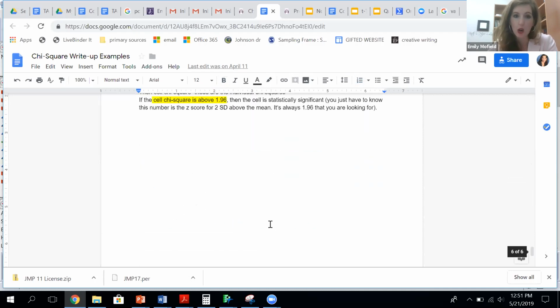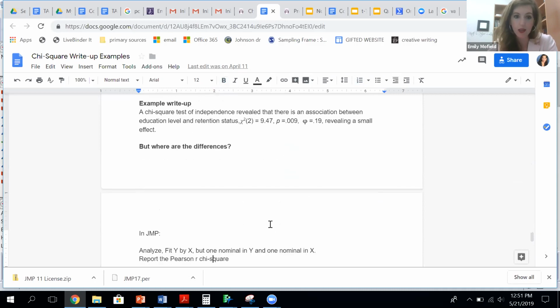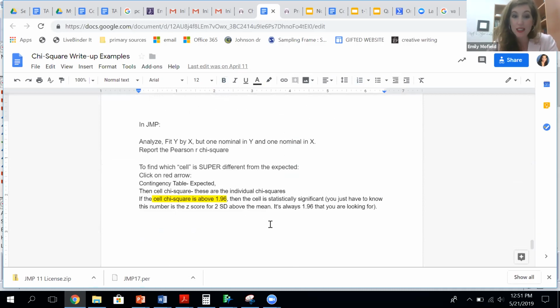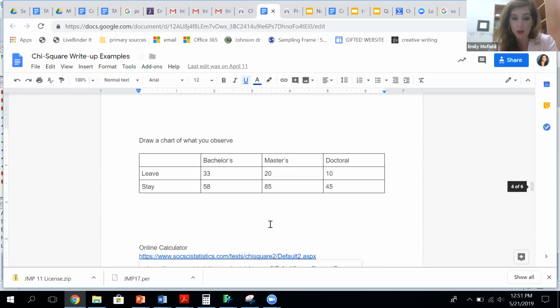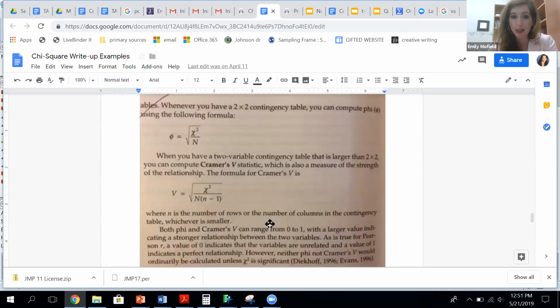Okay, so for effect sizes, I have that written on this document. You can Google Cramer's V, how to do it. There's probably an online calculator to figure that out.